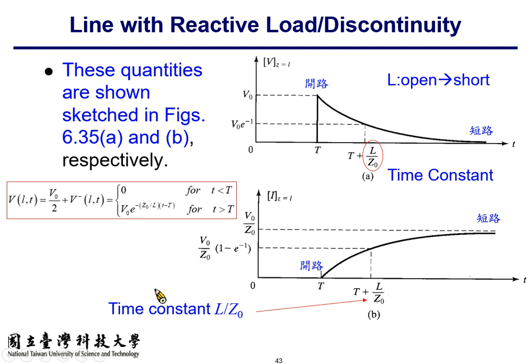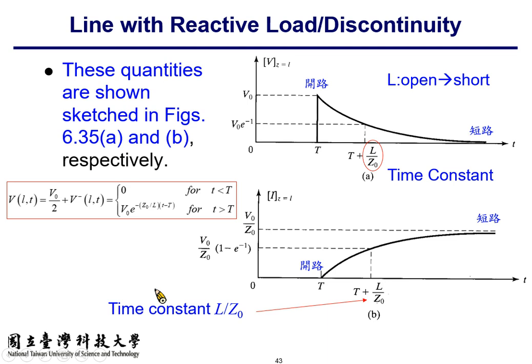To fully complete this plot, you need to draw the characteristics of the so-called time constant. As we already calculated, the time constant for this inductor-terminated transmission line is L over Z sub 0. So what is the significance of the time constant?